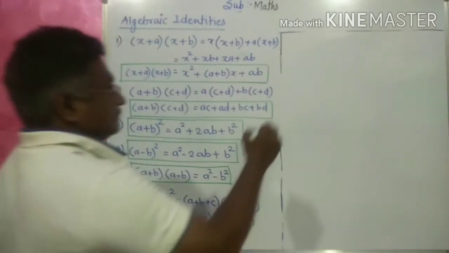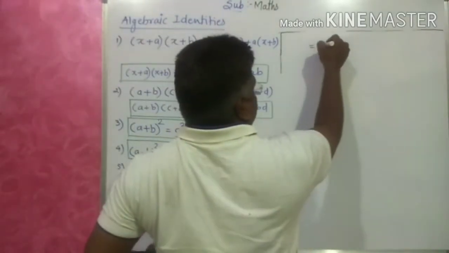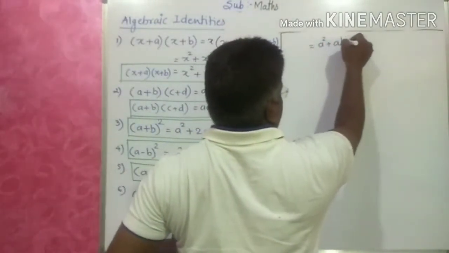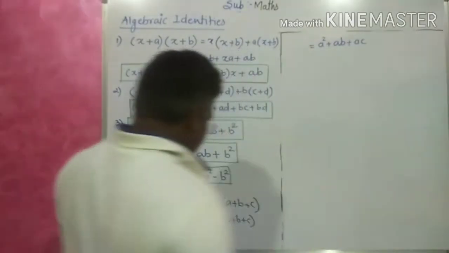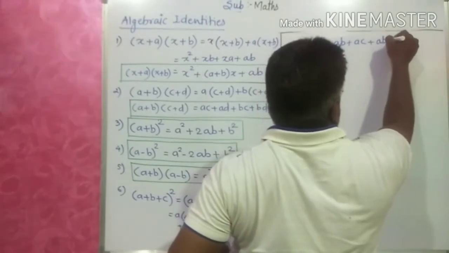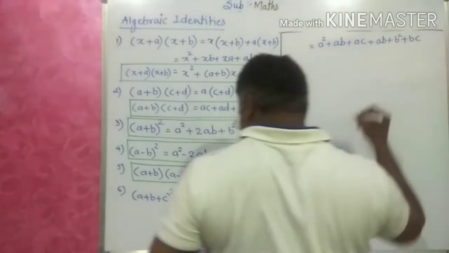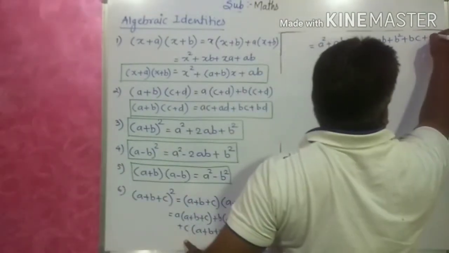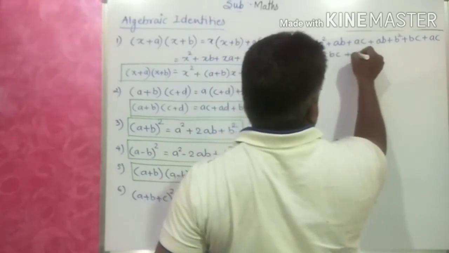That equals a square plus ab plus ac, plus ab plus b square plus bc, plus ac plus bc plus c square.